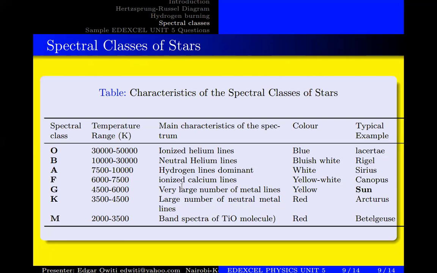But more importantly, we need to know the position of our sun. Our sun is one of the stars in the main sequence, in class G. The temperature of the sun is between 4,500 and 6,000 kelvins, and it is yellow in color. Just also to mention, in the HR diagram there are several other stars.